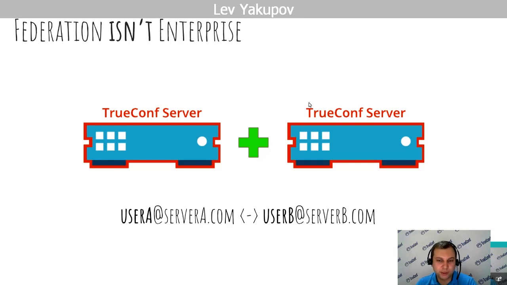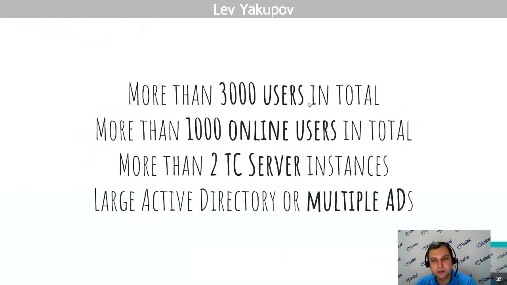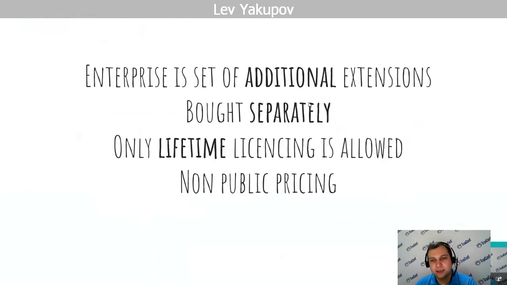You can only call someone, or invite to the conference, a user for whom you know the exact ID. So once again, federation is not an enterprise. Enterprise is additional extensions. You can add those additional extensions to a regular deployment of TrueConf server to make this deployment an enterprise deployment.